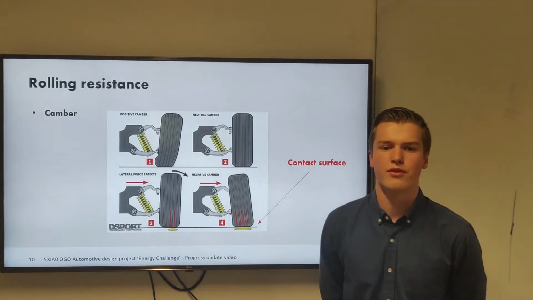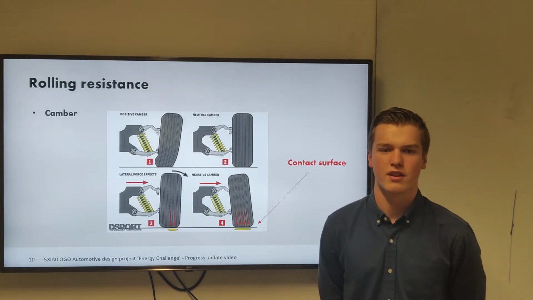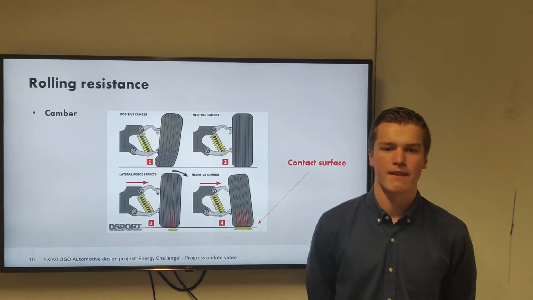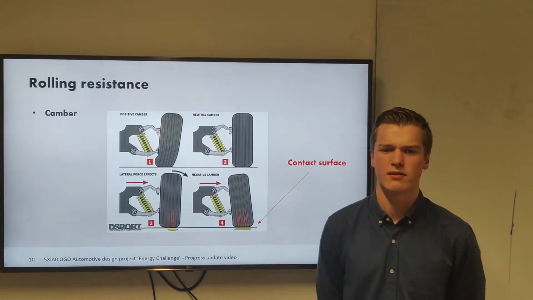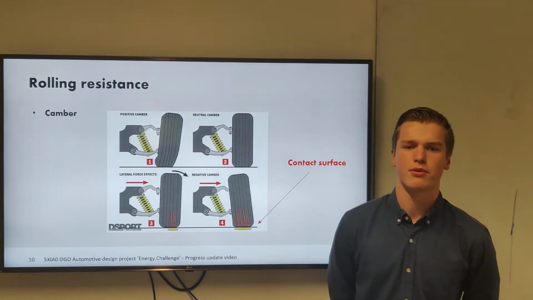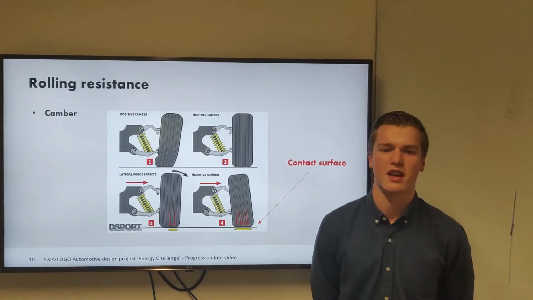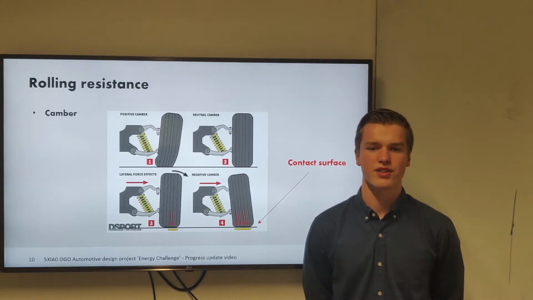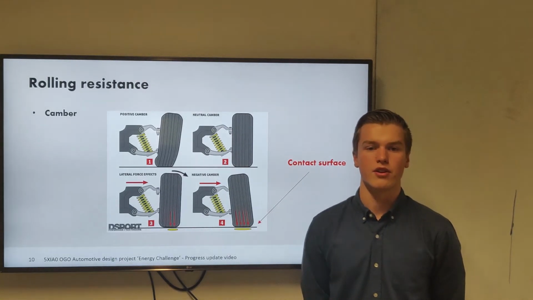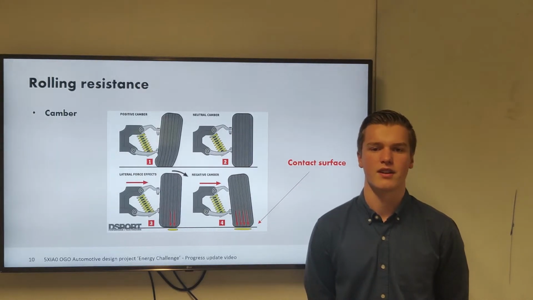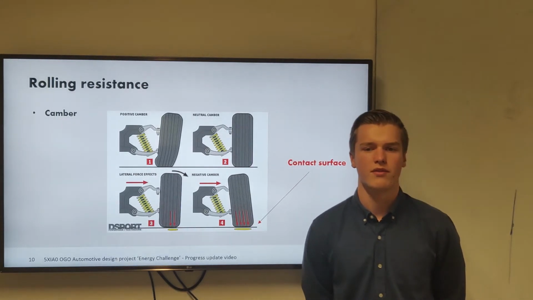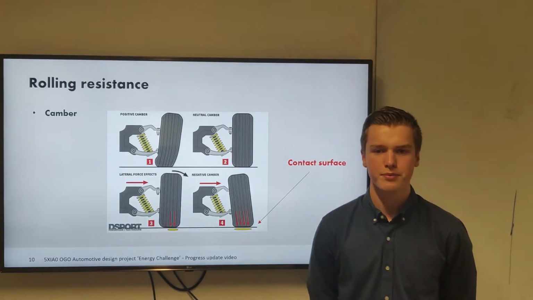Since the tire is deforming at the impact of the contact surface between the road and the tire, it is important to look at the concept of camber. By adjusting the amount of camber, the contact area can be designed to be relatively bigger or smaller.